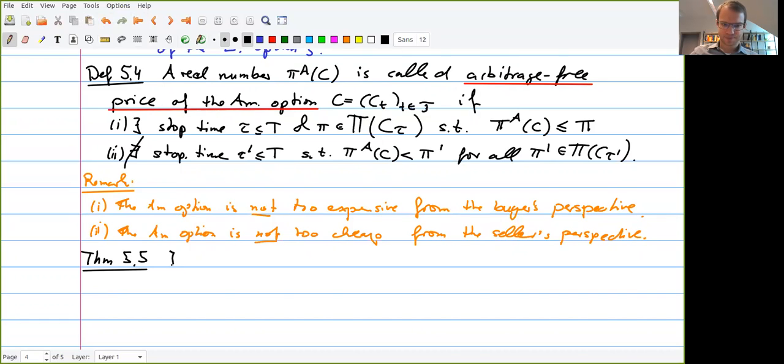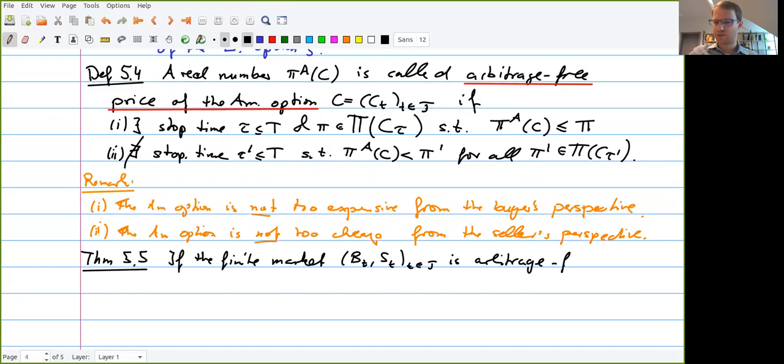So we assume that the finite market is arbitrage free. This is the minimal assumption we need to talk about pricing of options.